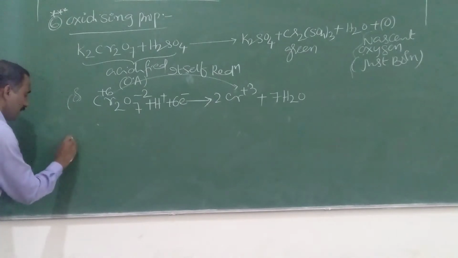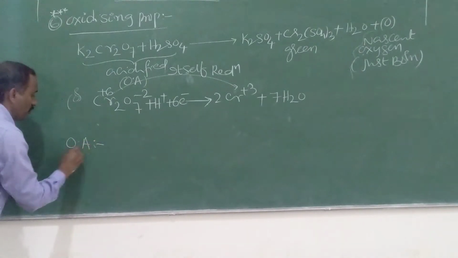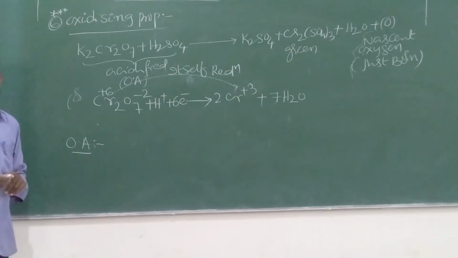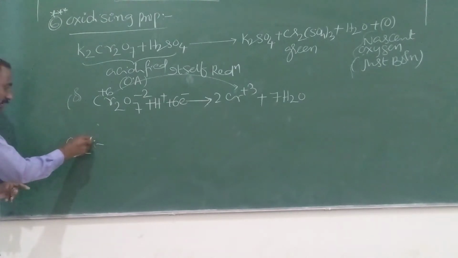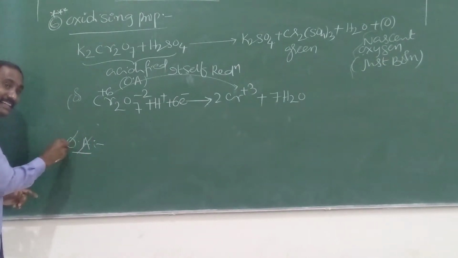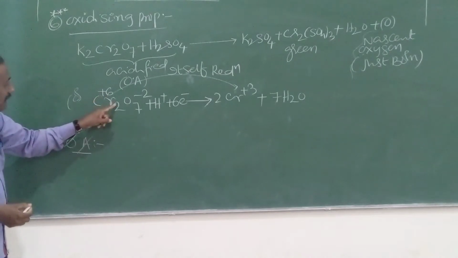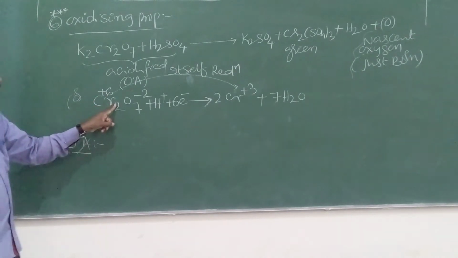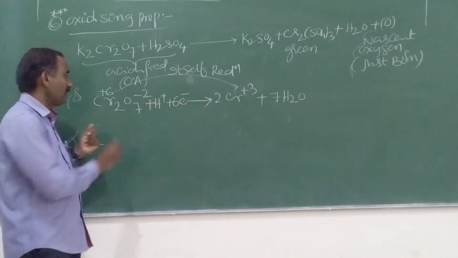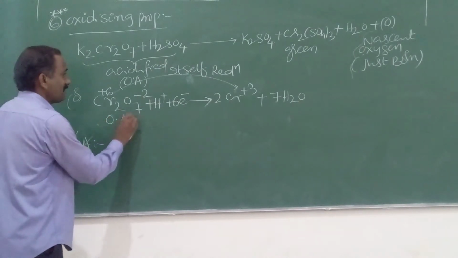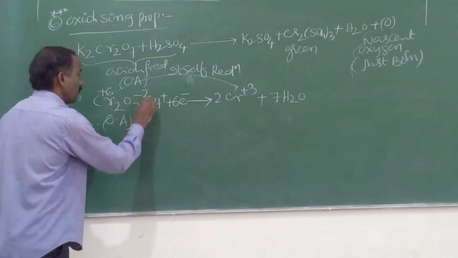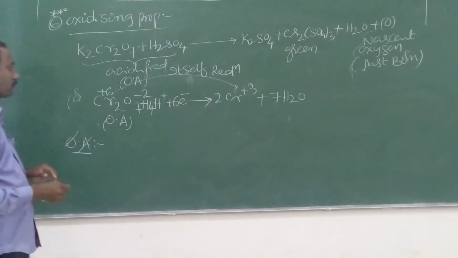We also studied the definition of oxidizing agent. The name itself gives the answer. An oxidizing agent is the reagent which oxidizes others and itself undergoes reduction. So in the ionic form also, it itself undergoes reduction, which means it acts as an oxidizing agent. You have to write down either this or this.